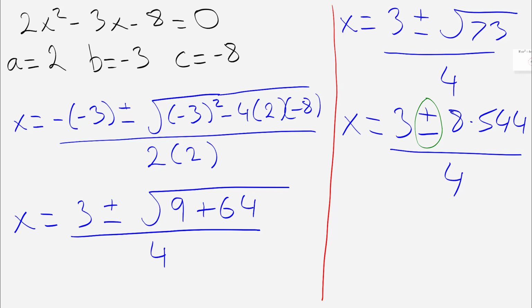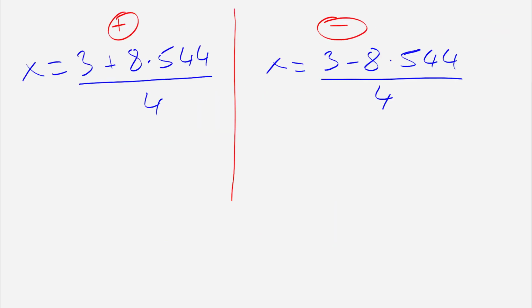Well, that just means we have two separate answers: one answer when we take the plus option, and a different answer when we take the minus option. You can see this here. Taking the plus option is 3 plus 8.544 over 4. Taking the minus option, 3 minus 8.544 over 4. So we split it into two separate answers, and you remember that quadratic equations have two answers anyway. So this is where we get our two separate answers from.